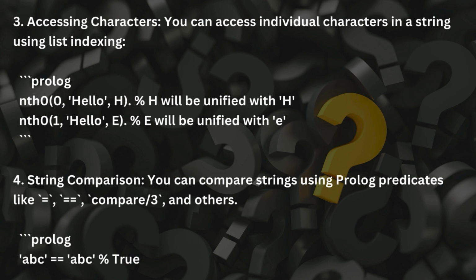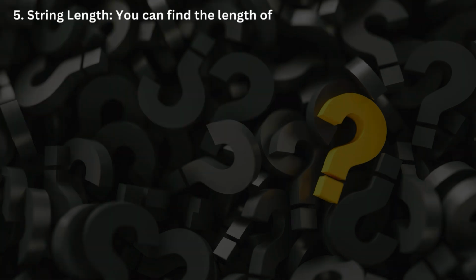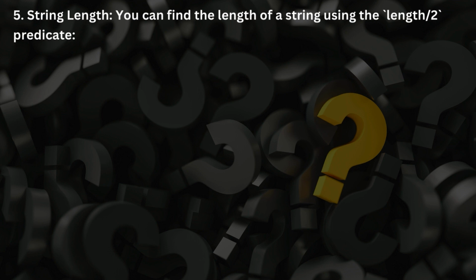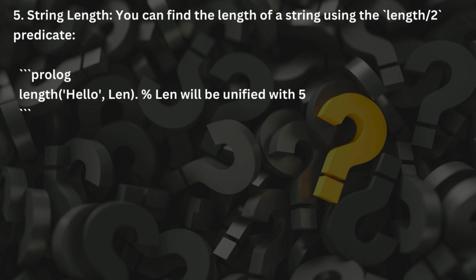Next is string length. You can find the length of a string using length/2. So, how can you write the predicate? length(hello, Len), where Len is for the length. Percent, Len will be unified with 5 because we have 5 letters in hello.